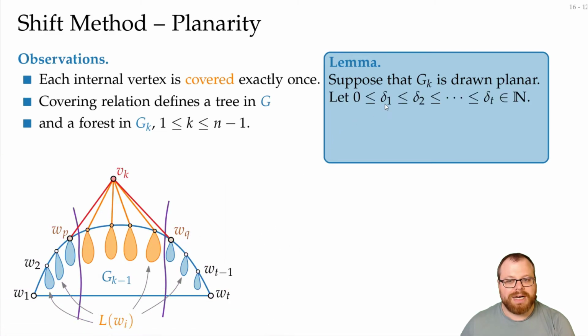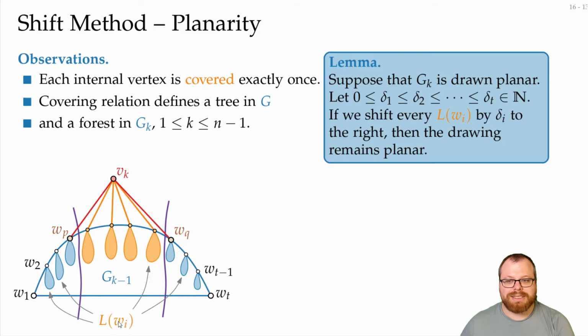Now we find some variables, delta 1 to delta t. And they are non-decreasing. So delta 1 is at least 0, delta 2 is at least 1, delta 3 is at least 2, and so on. Now if we take all these L sets and we shift each of them by delta i to the right, then the drawing remains planar.